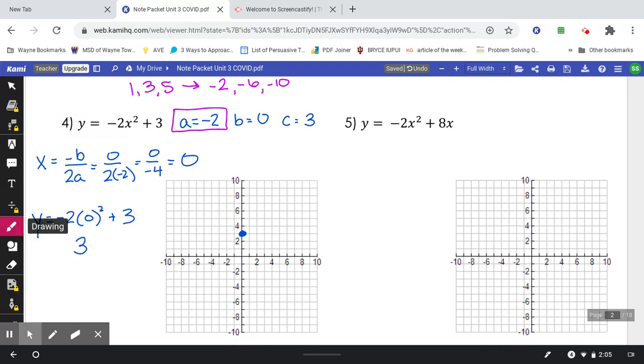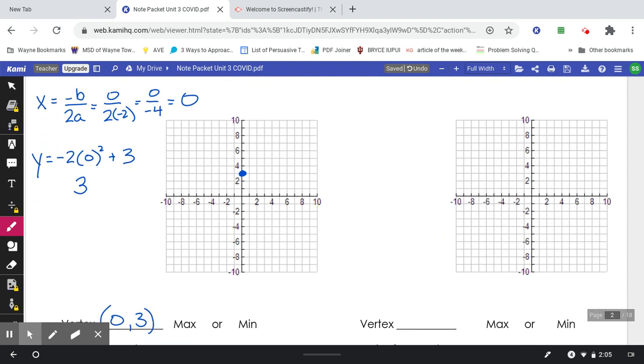So I'm going to go down 2 over 1, down 6 over 1, and down 10 over 1. Down 2 over 1, down 6 over 1. And notice I don't have room to do the down 10 over 1. That's okay. You can just leave that last point off if it doesn't fit. And same thing on the other side.